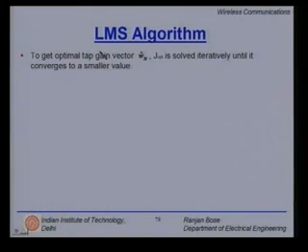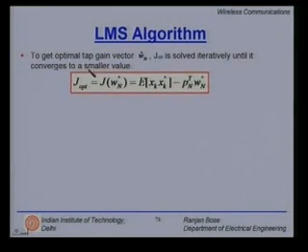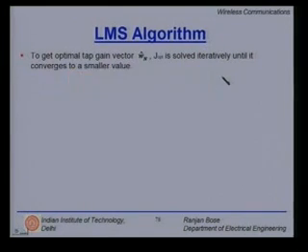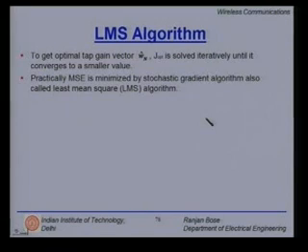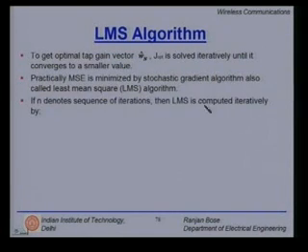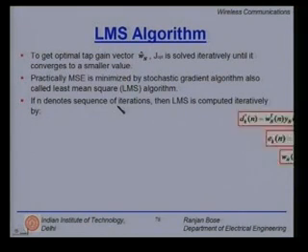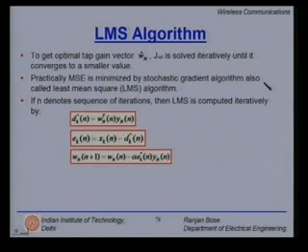So, to get an optimal tap gain vector w_n hat, J opt is solved iteratively. That is where the recursive nature comes in, until it converges to a small value. This is what we are working with. Practically, the MSE is minimized by the stochastic gradient algorithm, also called the least mean square LMS algorithm. If n denotes the sequence of iteration, then LMS is computed iteratively by the following equations.